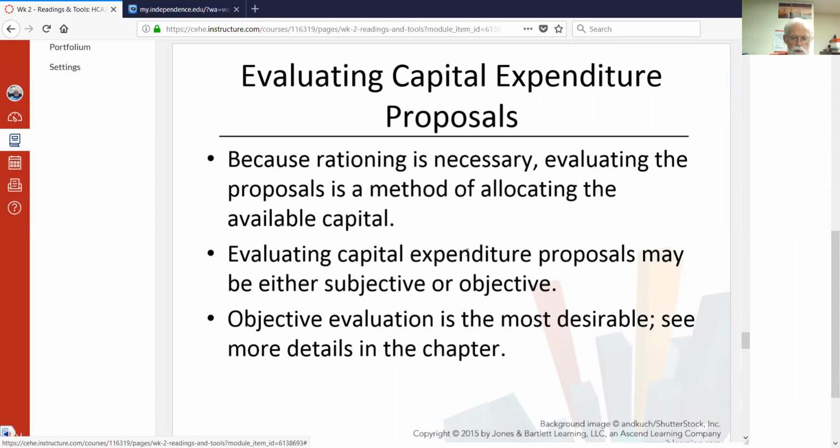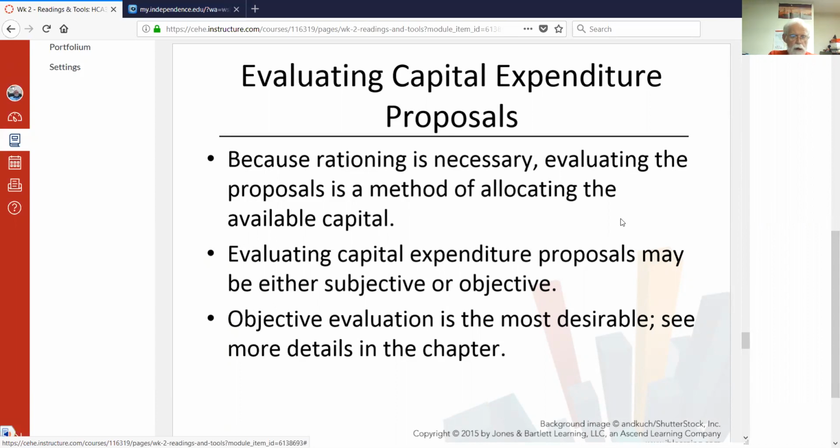So evaluations can either be objective or subjective. Subjective, of course, is essentially putting a finger into the wind and saying, okay, yeah, there's a breeze blowing. Objective is, here are the details, and this is our best estimate based on these objective, measurable criteria.